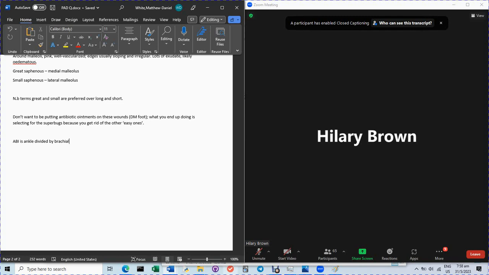So they have an ABI of 0.7. And that's how much blood the foot is getting, even though the dorsalis pedis is occluded. So that's why they use that number.